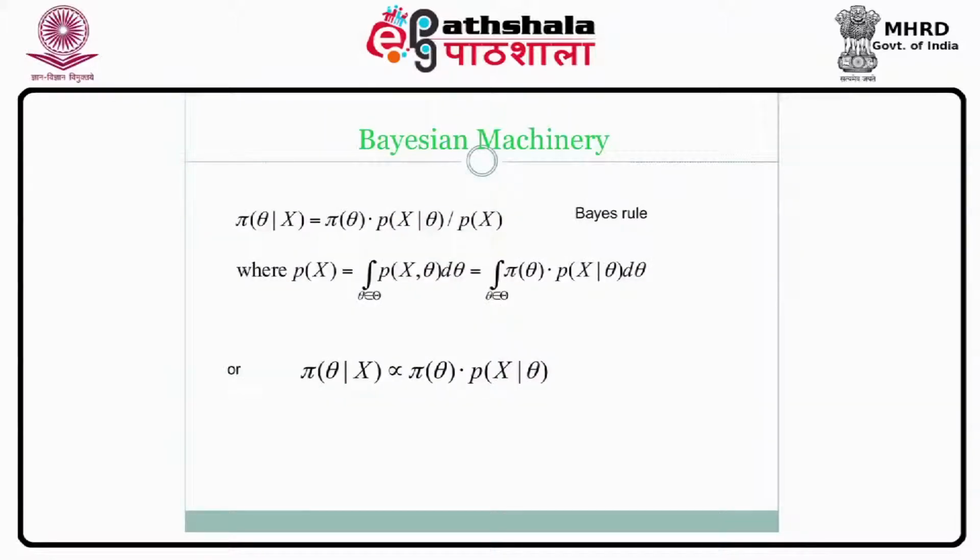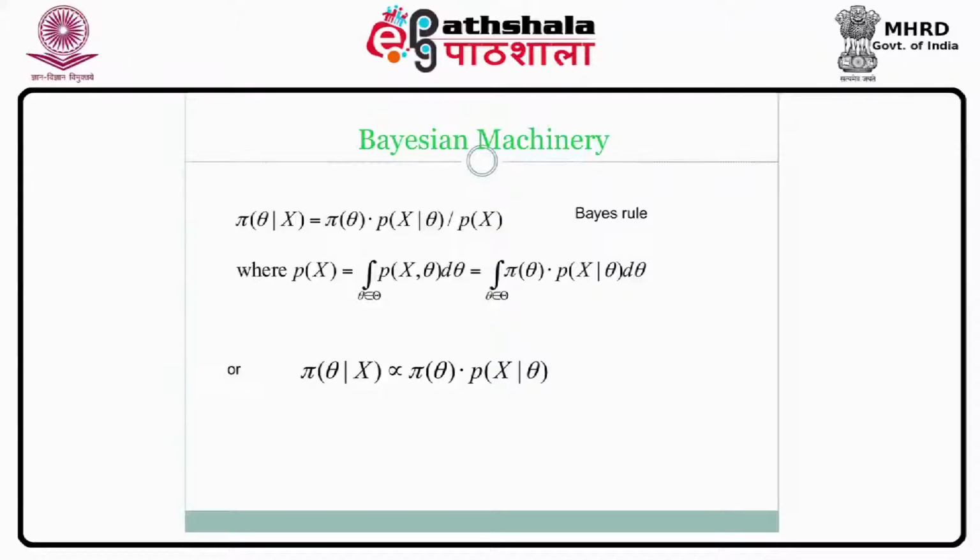Once again, pi(theta | x), given the data, is the prior distribution of theta multiplied by the likelihood, divided by the marginal distribution of the data. Because the data is random, Bayes' theorem says this is the marginal distribution. Now what is p(x)?